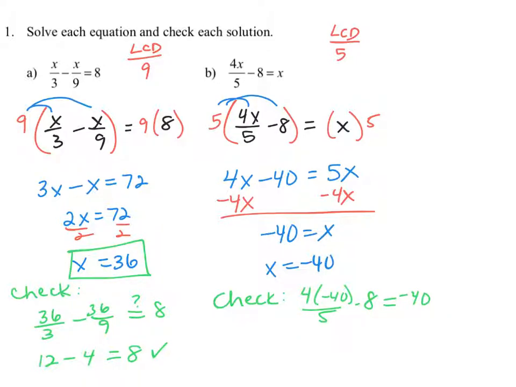So let's simplify. We have 4 times negative 40 is negative 160 divided by 5 minus 8. And negative 160 divided by 5 is negative 32 minus 8. That does equal negative 40, so we know that the answer works. X equals negative 40 is the solution to that rational equation.